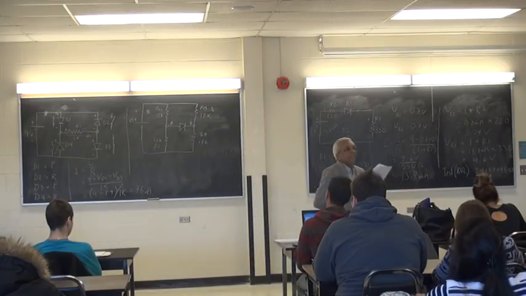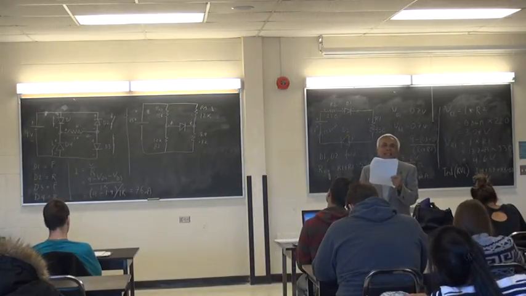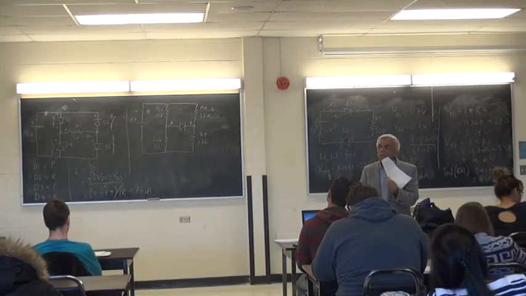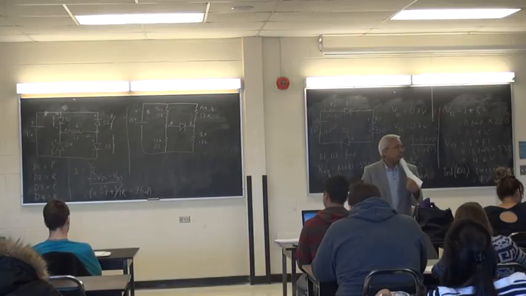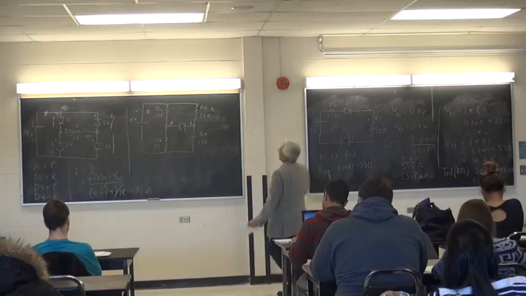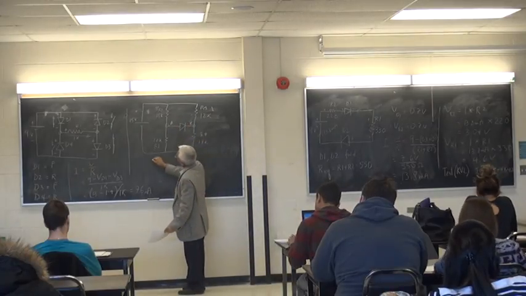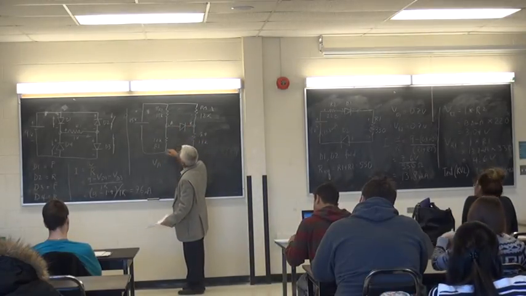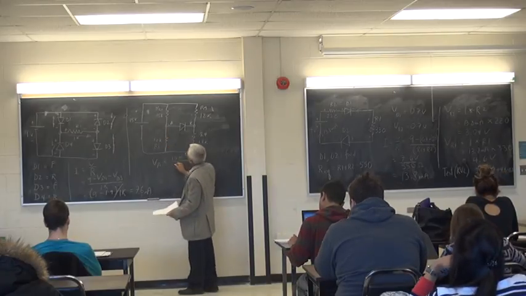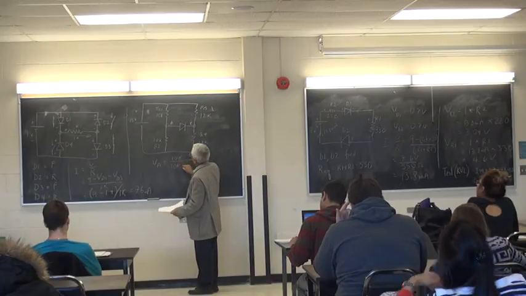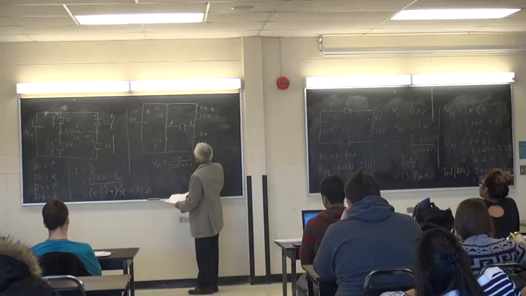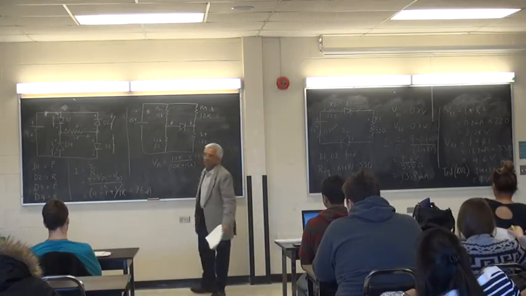Hint. Let's read the hint. What does the hint say? Use the voltage divider rule. You're going to use the voltage divider rule over and over and over in electricity and in electronics. So, there it is. Voltage at A is 10K over the total resistance multiplied by 15 volts, right?